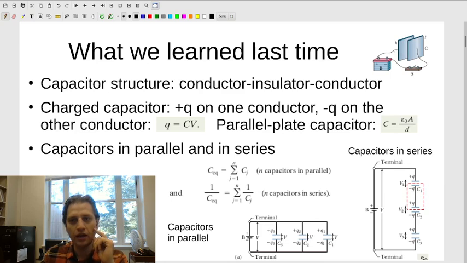The thing that I want to most clearly get across to you is this idea of Q equals CV. The charge on each side of the capacitor depends on the voltage, the potential difference across the plates. And we showed for a parallel plate capacitor, that was just a big metal plate, a space, and another big metal plate, that this just depends on the area of the plate and the distance between the two.